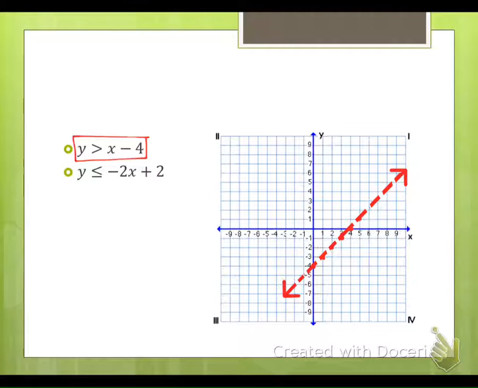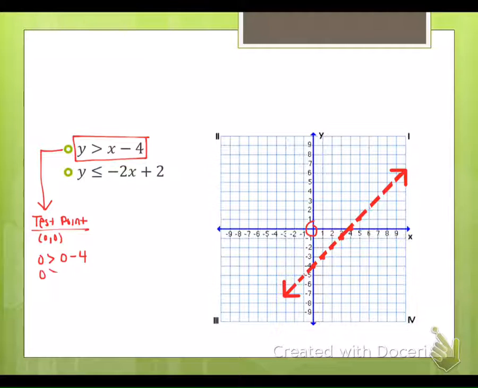Okay, so Vivian, let's continue on with this because there's also shading involved. It says y is greater than x minus 4. Do you think you're going to shade above or below this line? You're thinking we're going to shade above. So 0, 0 is in that above region. So I'm going to check the point 0, 0. Seems like we are going to shade above. Let's see if that's right. And if it's true, we are good.